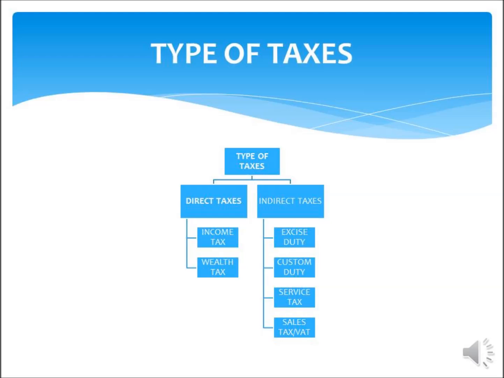So these four are the types of indirect taxes: excise duty, custom duty, service tax, and sales tax. All these are indirect taxes, that is the burden of taxation falls upon the consumer. The manufacturer collects it from the consumer, the service provider collects it from the consumer, and the seller collects it from the consumer and then deposits it to the government.